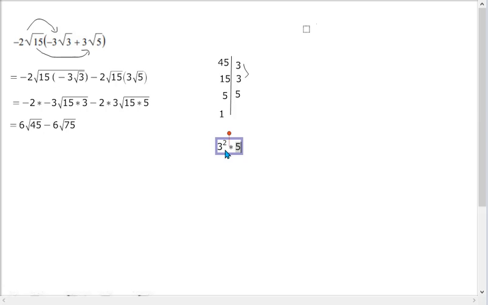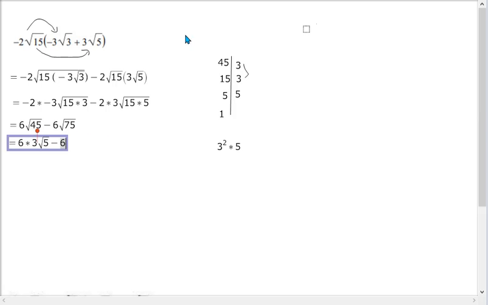So this 3 to the second we are going to put outside and the 5 inside the radical sign. So you are going to have 6 times 3 square root 5. Remember, we put this 3 to the second outside because it's the reciprocal of the square root.